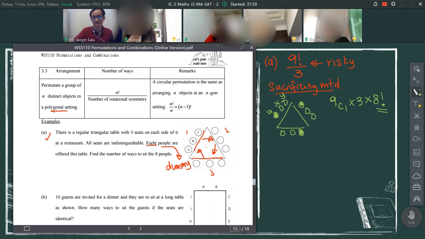After the first person fills the seat, the rest of the seats become distinct according to the person. So it's times 8 factorial, because of the 8 seats remaining.